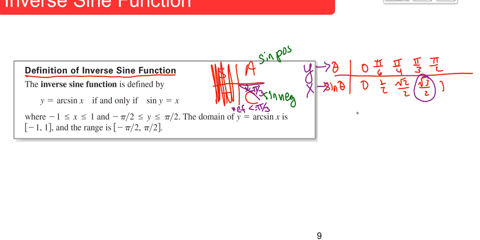So the arc sine of negative square root of 3 over 2 is equal to negative pi over 3, and the arc sine of square root of 3 over 2 is directly off the table, which is pi over 3. The nice thing is that we can give many exact values for these, and once we find that reference angle, it's usually either just positive or negative.